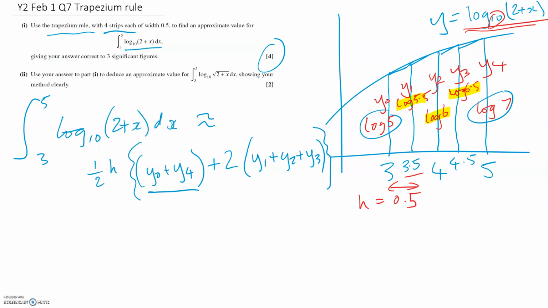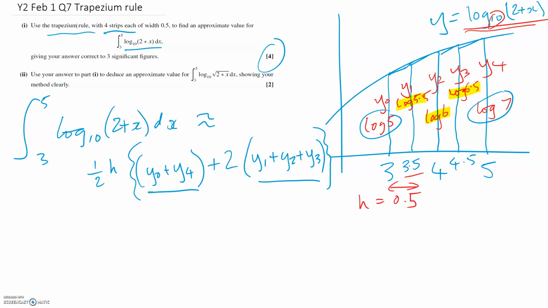When you find the area of this trapezium here, you're going to use the y1 value, and when you find the area of that trapezium, you're also going to need the y1 value. So that's why you need 2 of the middle y ordinates, but only 1 of the end values.